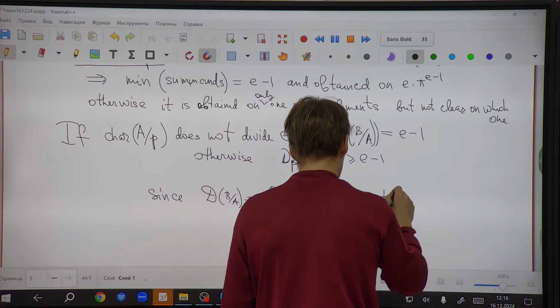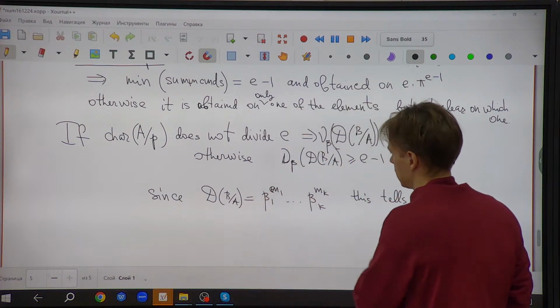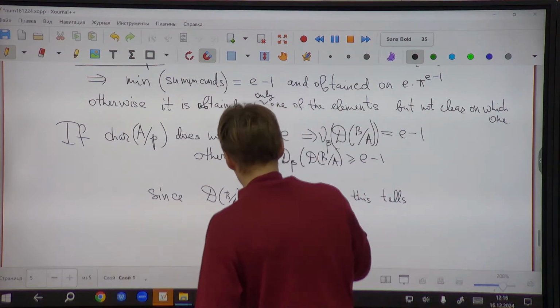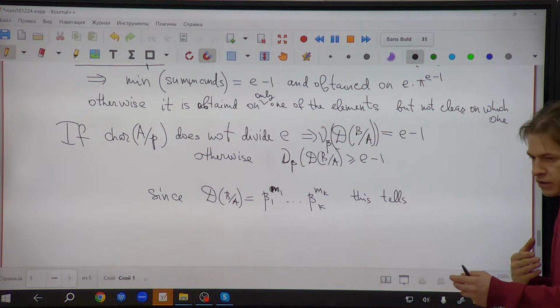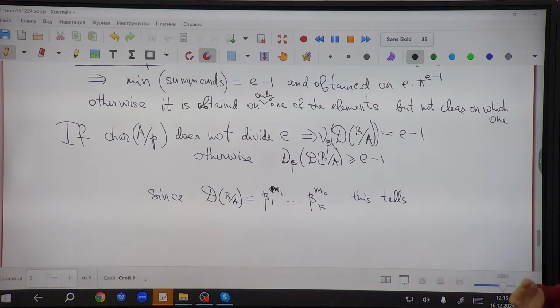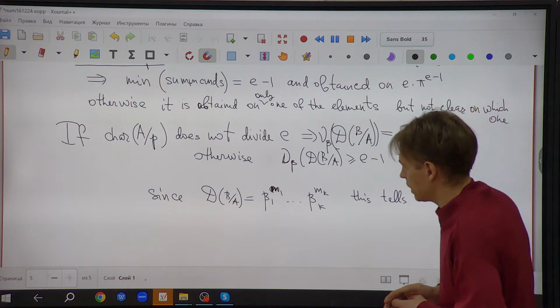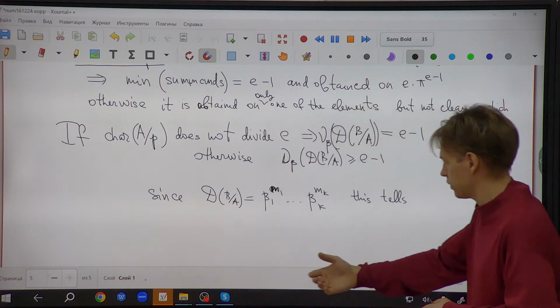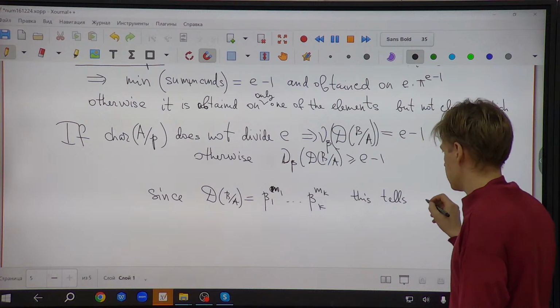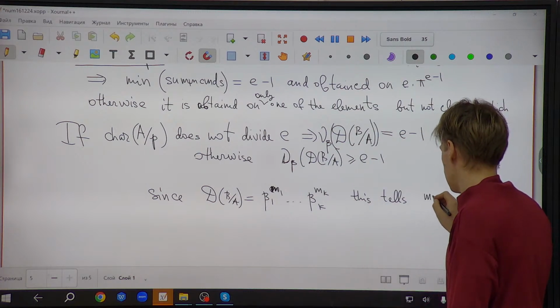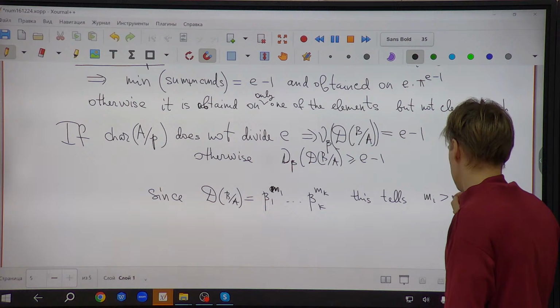I haven't proved it, but what I want to say is that the case of an arbitrary extension can be reduced to the case of a totally ramified extension. As we can see here, it's not completely clear, but it is just different steps of reductions, and this simply tells that Mi are larger than e minus 1.